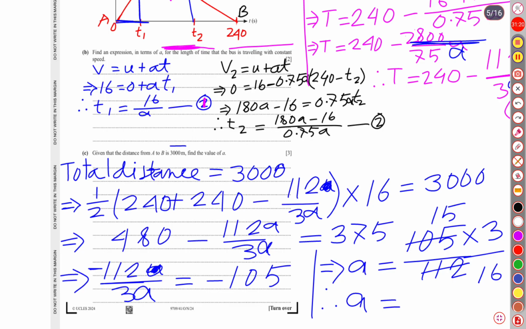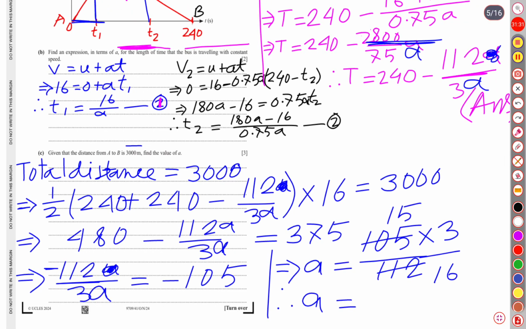We are supposed to isolate this a. If a is taken to the other side, then it will be numerator. Yes, we have got the concept. If a is transposed, a will be numerator, but 105 will go downward.